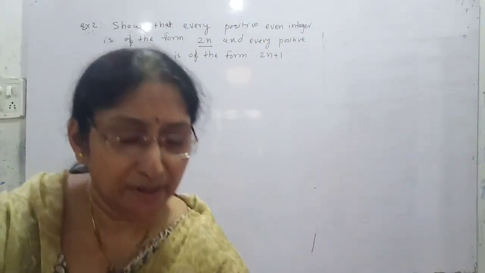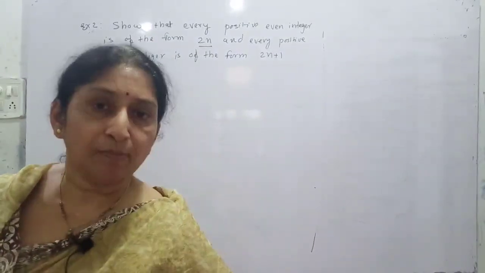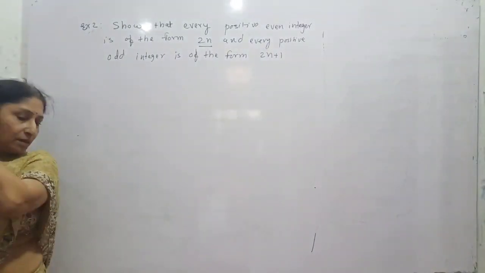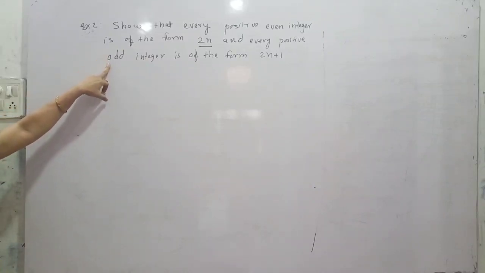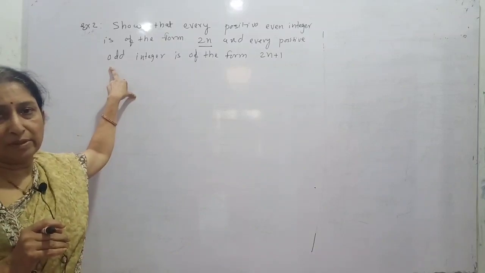Show that every positive even integer is of the form 2n and every positive odd integer is of the form 2n plus 1.